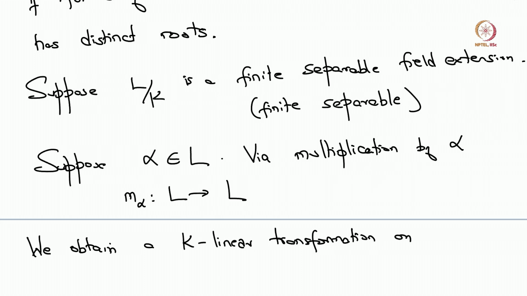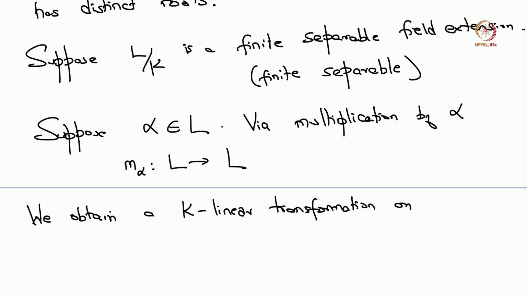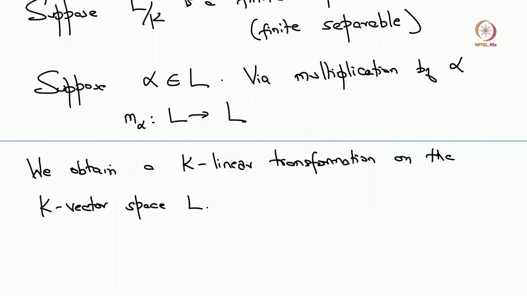So we can think of L as a vector space over K, and M alpha is a K linear transformation. And associated with a linear transformation, there is this trace and determinant. So the trace of this element alpha is, you look at this corresponding linear transformation M alpha and you take the trace of that.